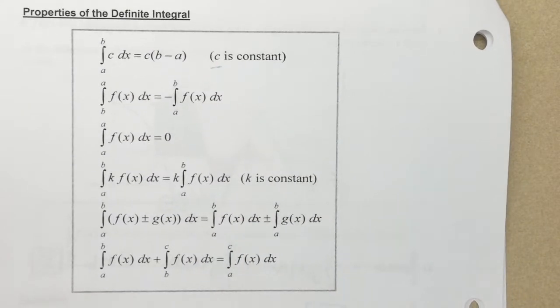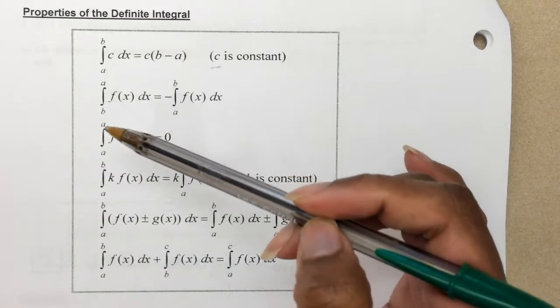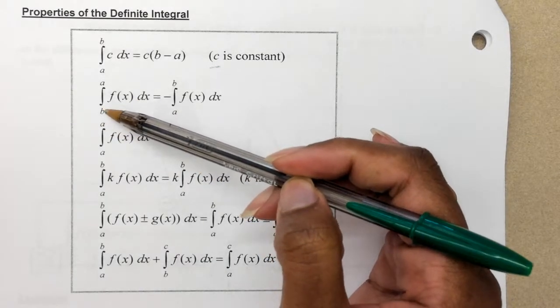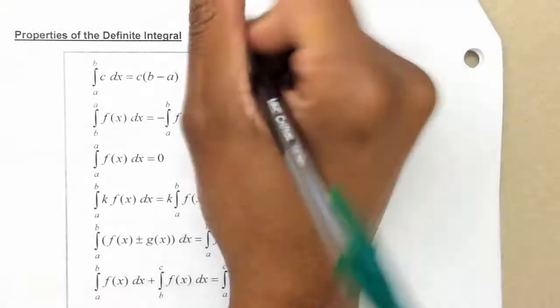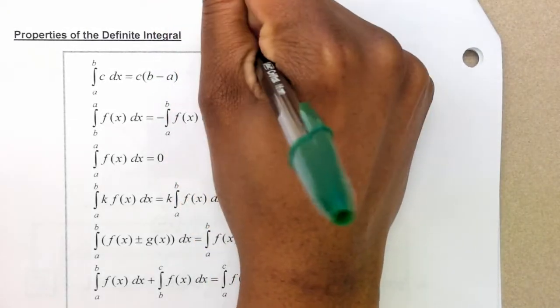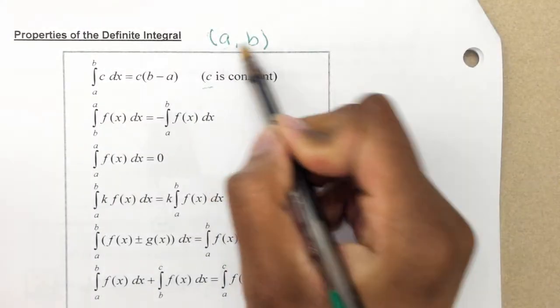Now our second property is that if I'm looking for the integral from b to a, remember when we're looking at intervals a to b, a is smaller than b.